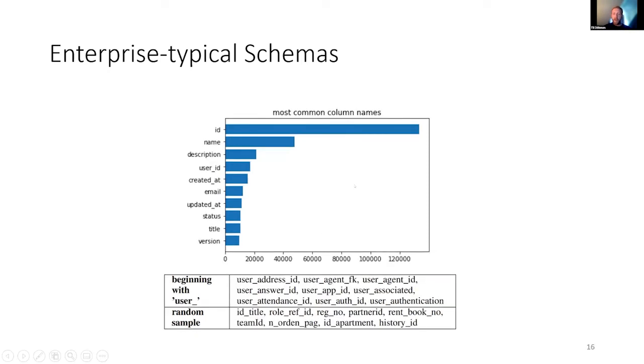The same also holds for the column names. The most common column names are what we would expect: ID, name, description, and so on. But we also have a lot of different column names referring to users, all kinds of different column names we could think about. And the random sample again shows the breadth of domains.